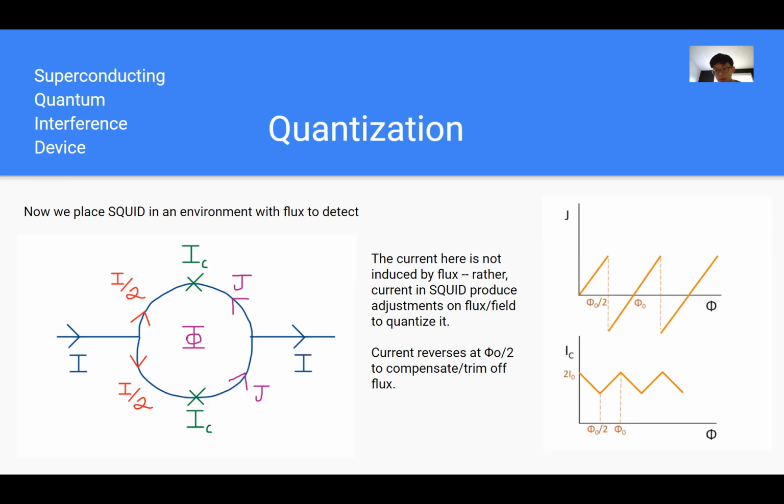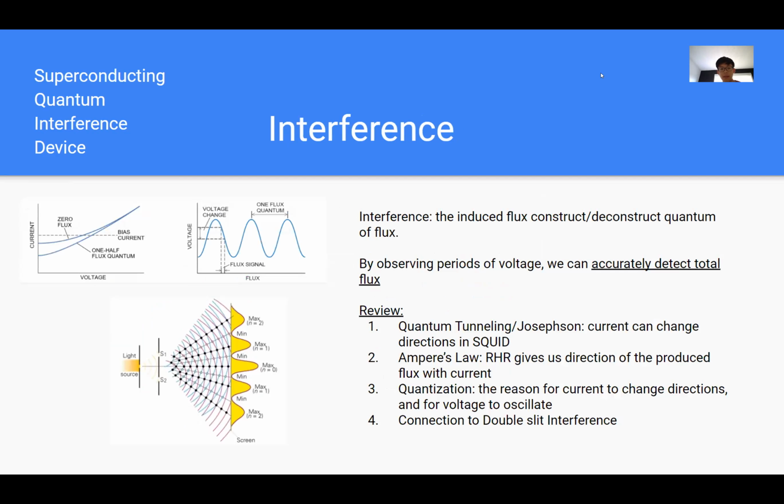So you can see as flux increases, we have two graphs on the right, the current would adjust and the total current IC will oscillate. And yeah, next slide, please. So that is how it measures flux, or magnetic field.